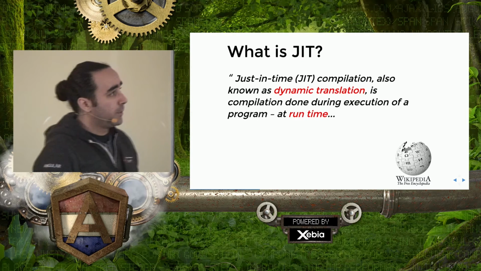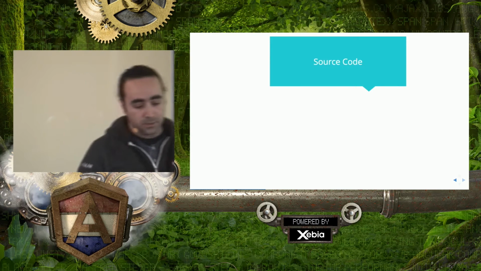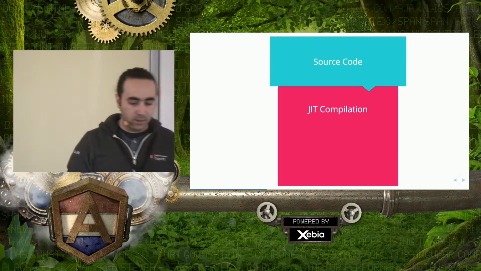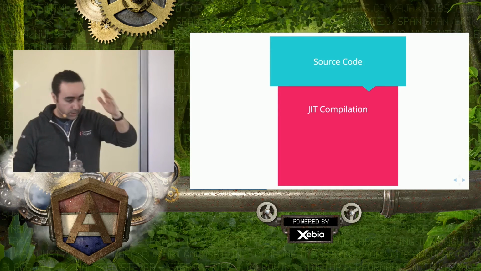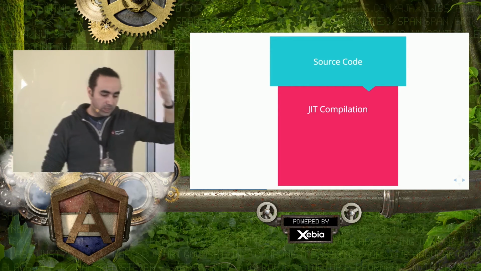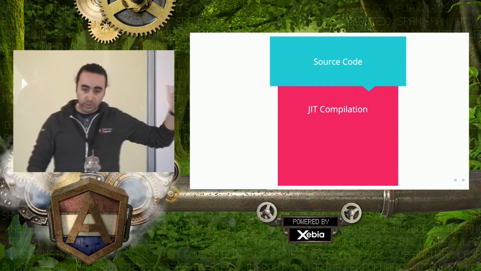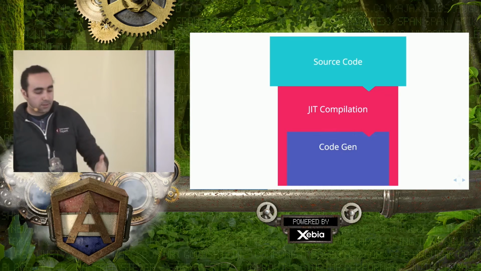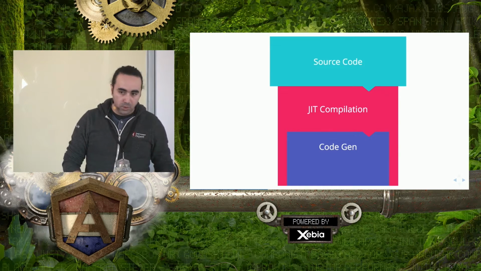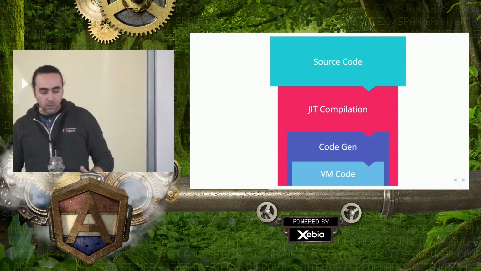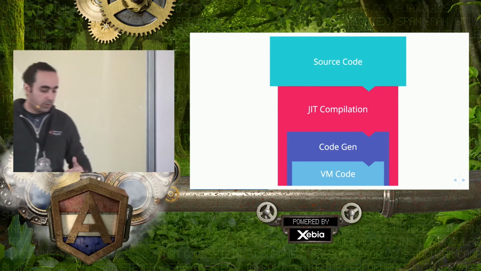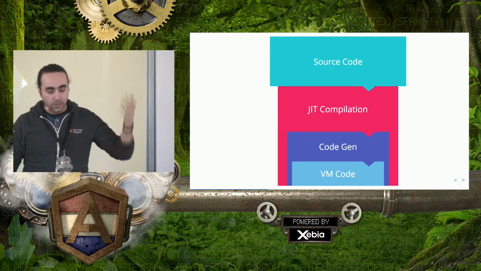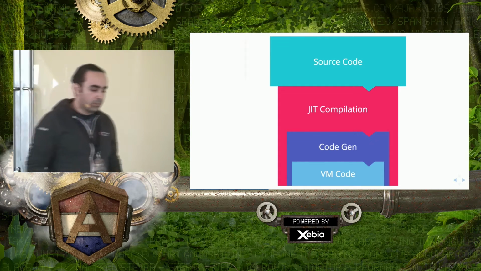Anyway, in Angular, you take the source code, run it into the compiler, which transforms this source code, mainly the HTML, because we are talking about the template compiler. And then this compiler generates code, which then gets run by the V8 machine, like Chrome, or the JavaScript engine in general.